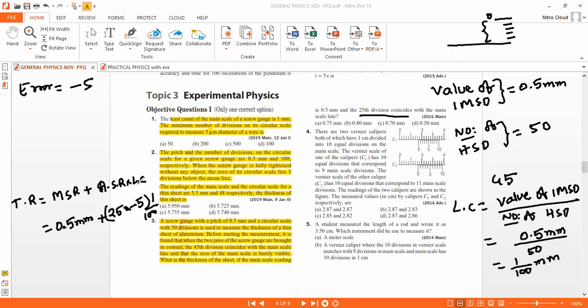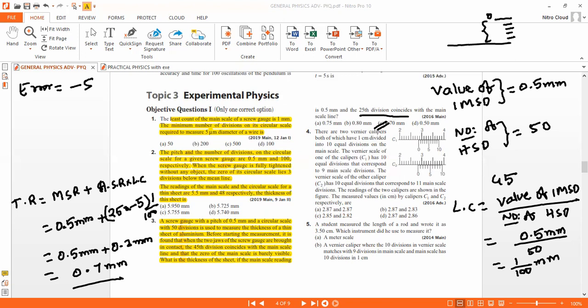Is it fine? So 0.5 mm plus 20 by 100. 20 by 100 means I can write it as 0.2 mm. That is nothing but 0.7 mm. That is option C now.